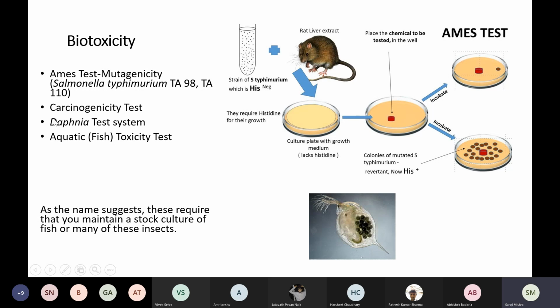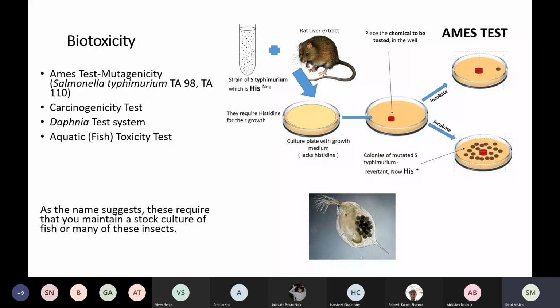The third test is the Daphnia test system, which I already told you about. Then fish toxicity also, because eventually, many of these contaminants which are released into the water body enter into the food chain. They can be engulfed by fish also if they prey on small fish, if they prey on these primary consumers, and the contaminant also reaches the fish. And fish are going to be consumed by human beings.